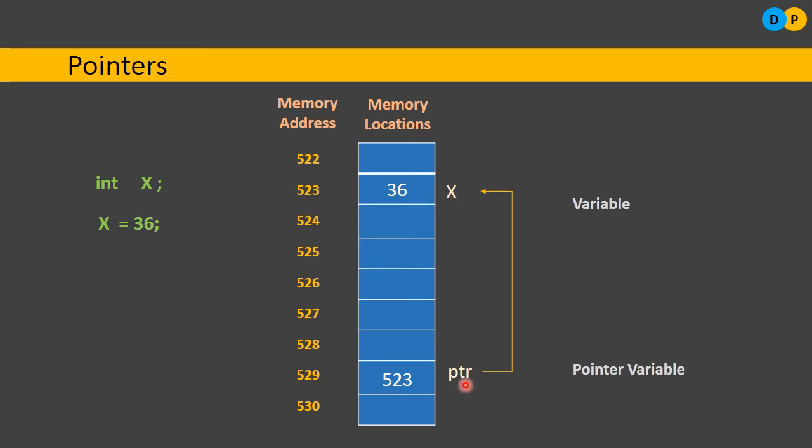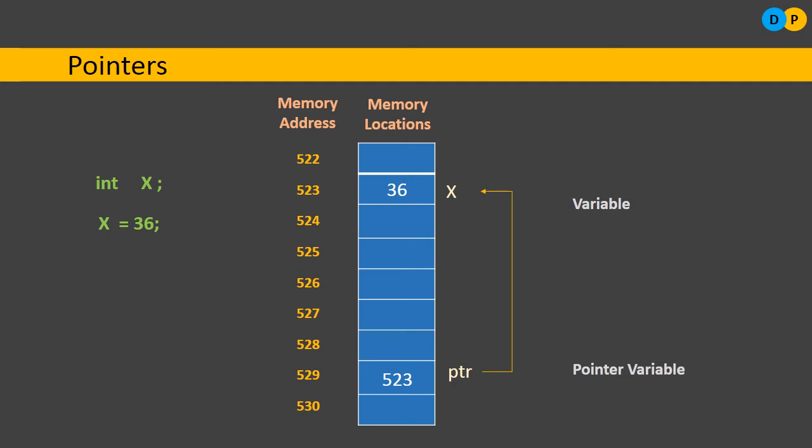Here the pointer variable PTR is pointing to the address of variable x. Variable x has address 523. So the pointer variable is storing not any value, it is storing the address of another variable. Here it is storing the address of the variable x. So what is the variable x address? 523. A pointer variable pointing to x is nothing but the pointer variable holding the address of x, that is 523.